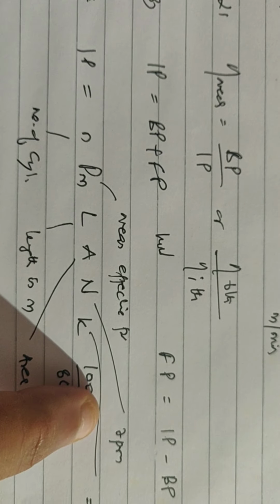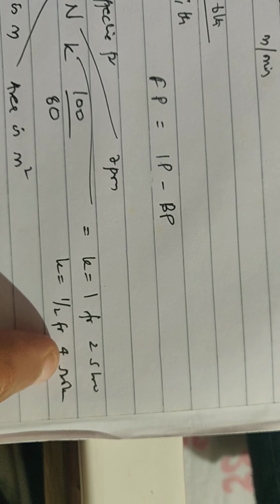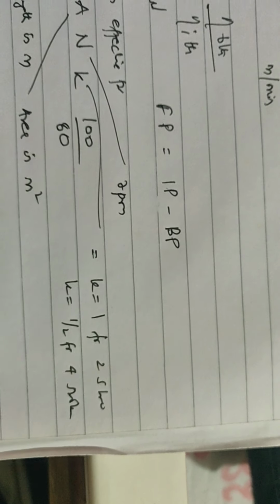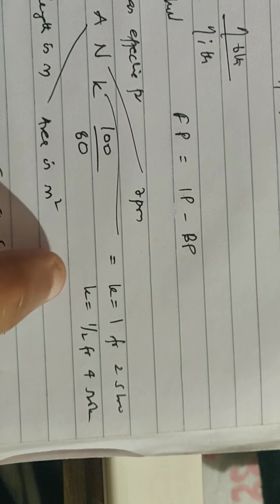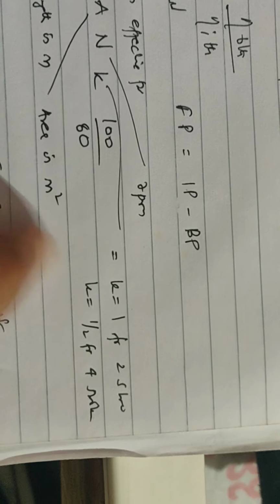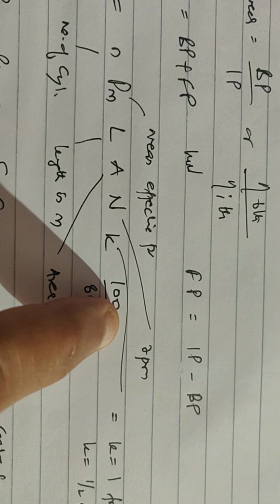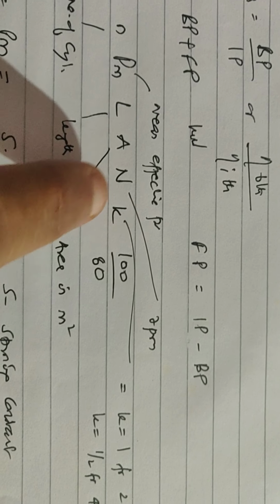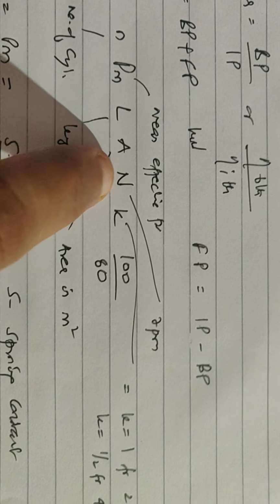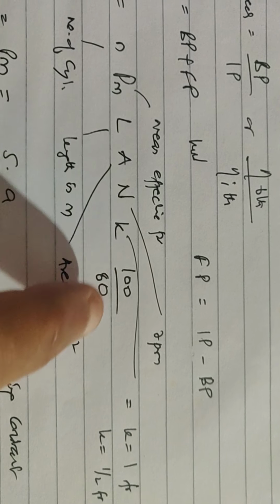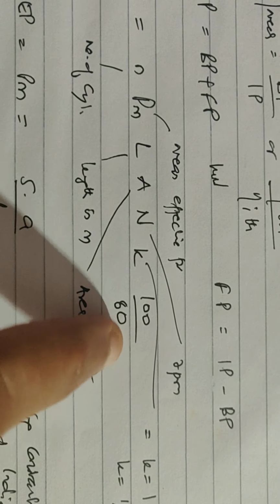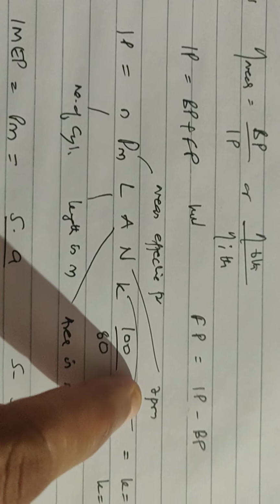K stands for 1 for 2 stroke and K is equal to 1 by 2 for 4 stroke, because in 2 stroke for 1 rotation there is 1 power stroke, whereas in 4 stroke for every 2 rotations there is 1 power stroke, that is why 1 by 2. And this 100 is to convert the bar into kilopascal, and this 60 is to convert revolution per minute into revolution per second, and the power unit you get of IP is in kilowatts.